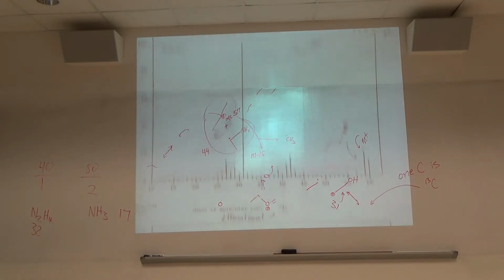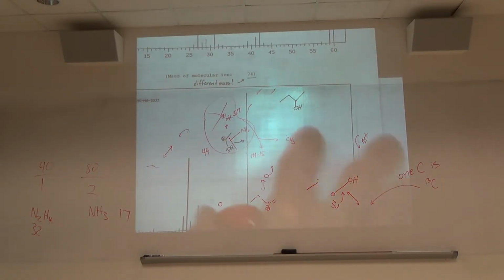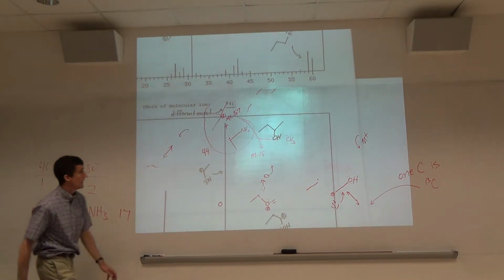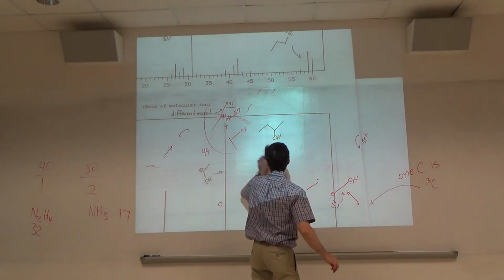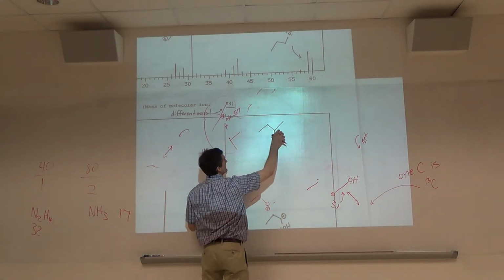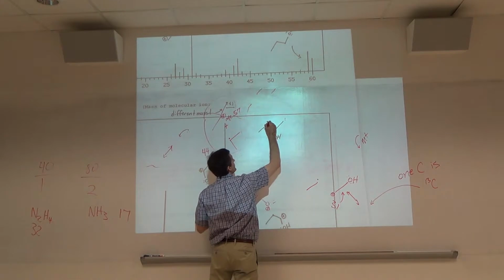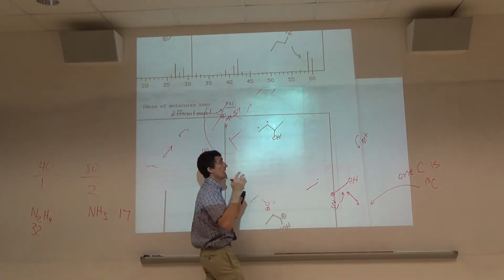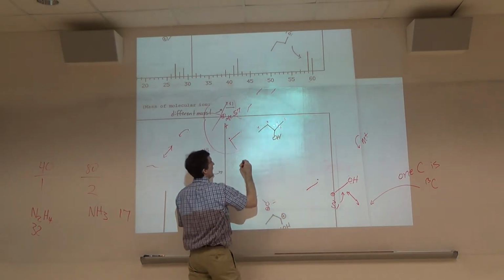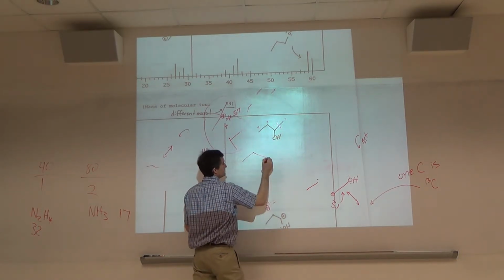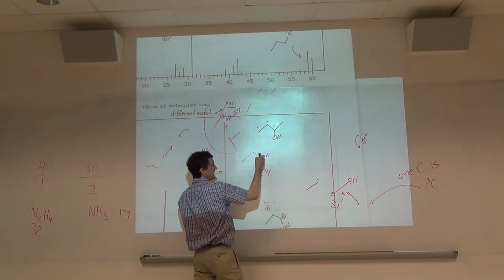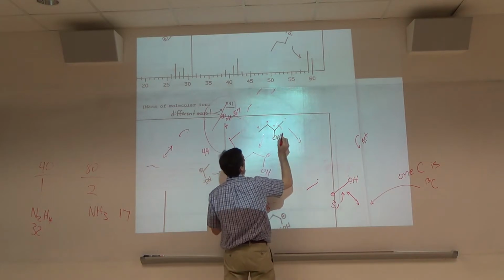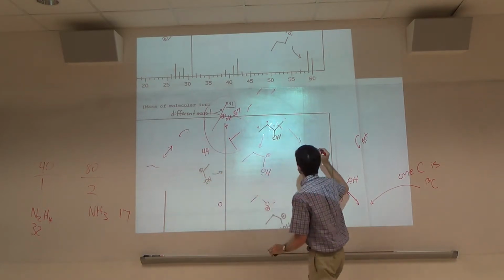Because the other one, do we predict 31 for the one below? Let's see if we predict 31 down here. Where do you want to cleave? I'm going to number these 1, 2, 3, and 4. Actually, you can cleave two different sides. If I cleave over here, I get a cation next to a lone pair. But I can also cleave over here.